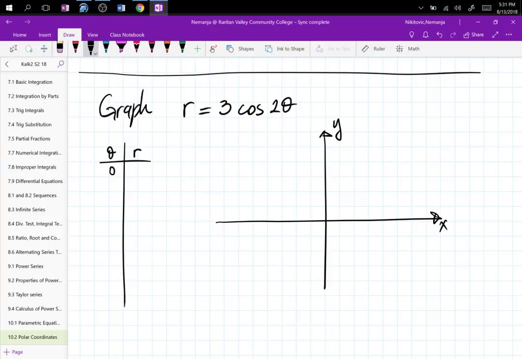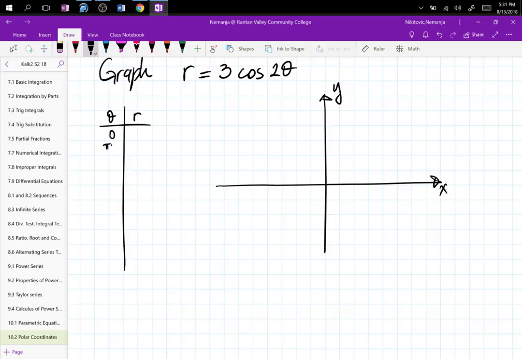So the next one is pi over 6 that I can calculate, so I'll pick pi over 12, because pi over 12 times 2 is pi over 6. Then the next one that I can compute after pi over 6 is pi over 4, so pick pi over 8.